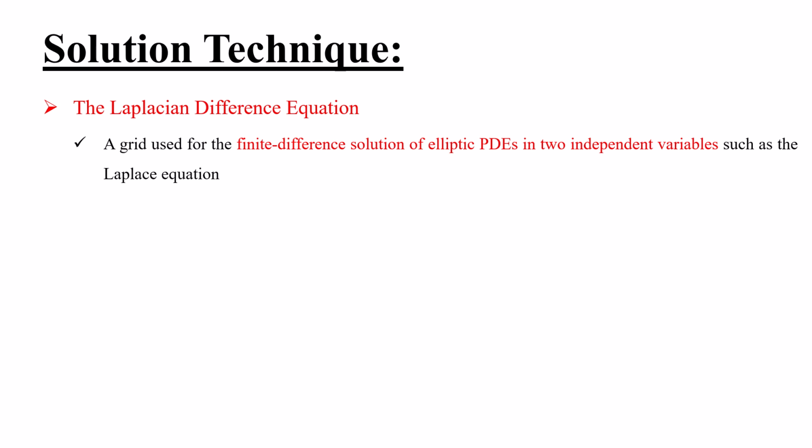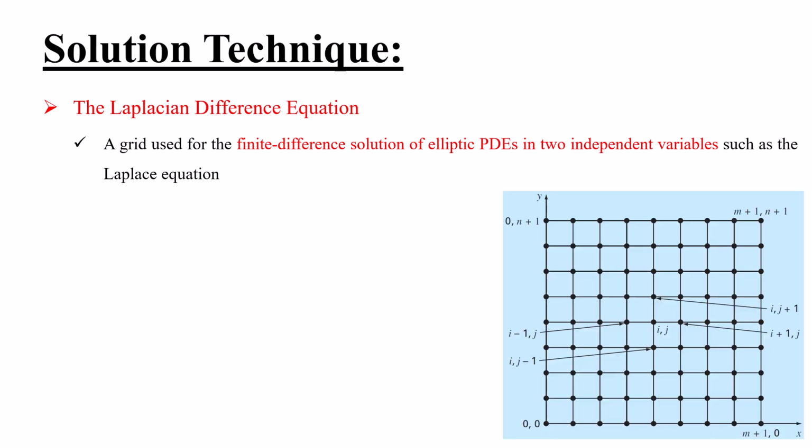We will use a finite difference method that gives us an algebraic, iterative equation that we can use to solve the PDEs. For that we need to make different points, so that we use those points iteratively to find the next point and so on. So this is the way to solve the PDEs.